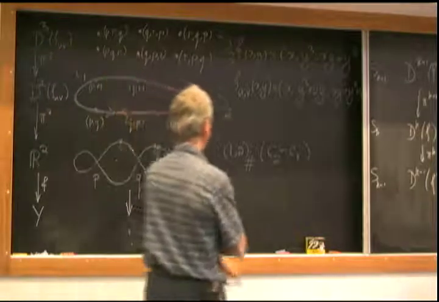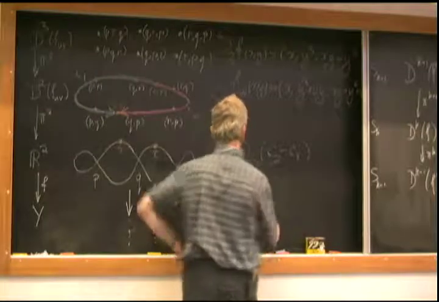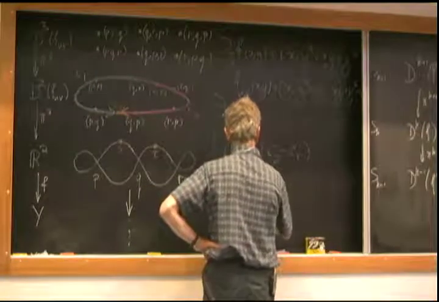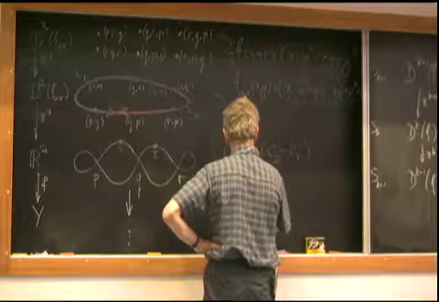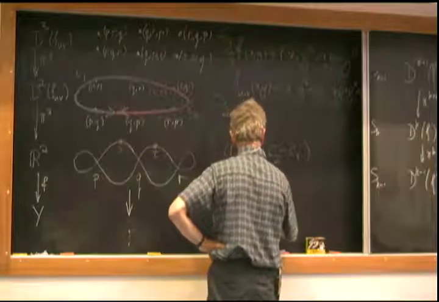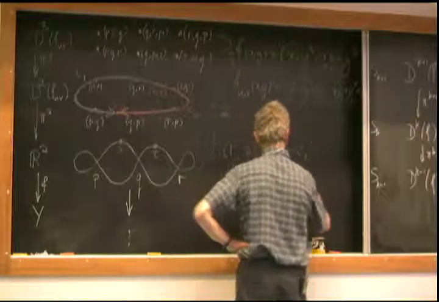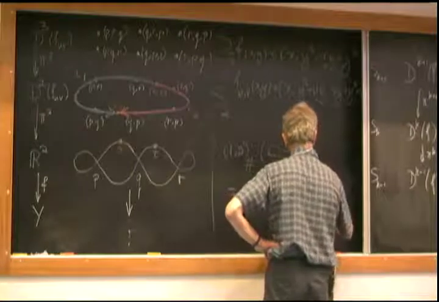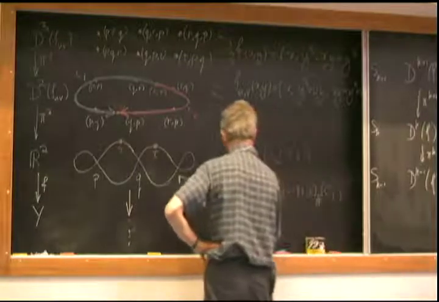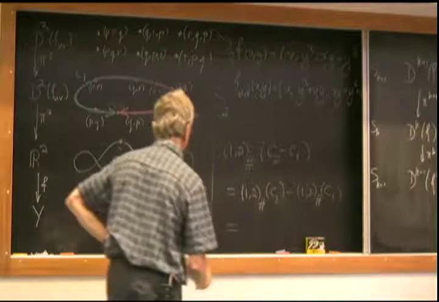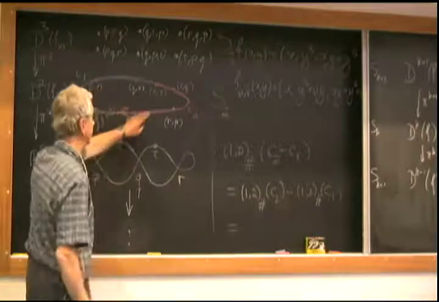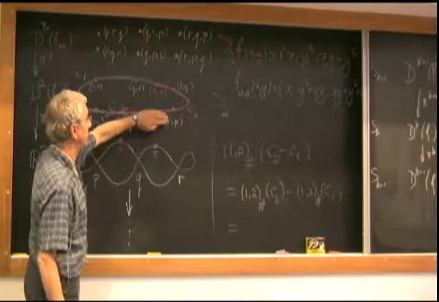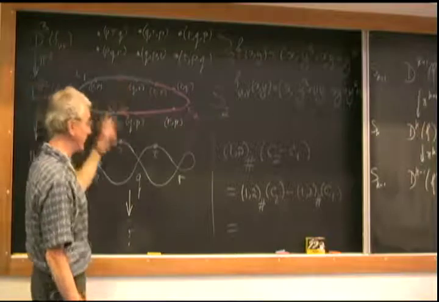So let's see, what's this? What's 1, 2 lower sharp of C1? Of C2? Well, I'm sorry, I'm being a bit slow here. That's 1, 2 lower sharp of C2 minus 1, 2 lower sharp of C1. And 1, 2 lower sharp of C2 is I just take C2 and I reflect it, and that gives me C1.